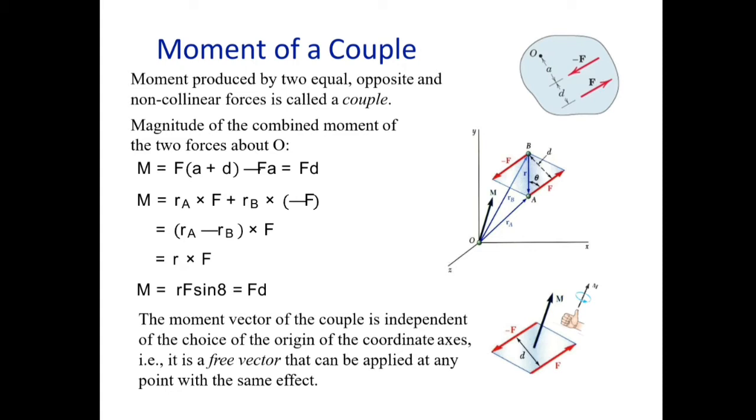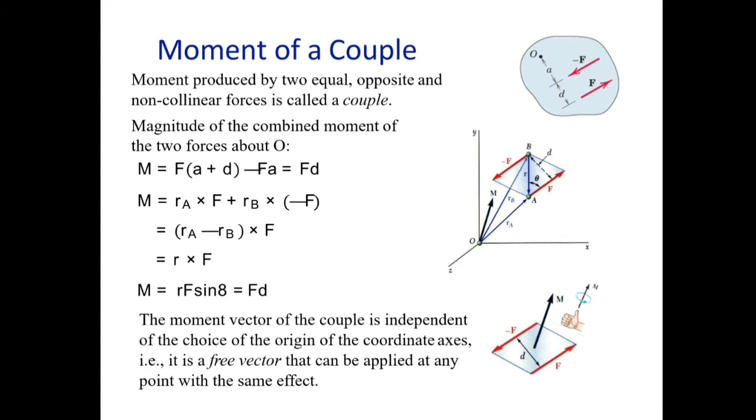Suppose the point of origin of the positive force is A, at a distance vector Ra from the origin, and the negative force has origin point B, at a distance vector Rb from the origin point O. We have to find the moment vector about this point O. So the moment about O for force vector F will be Ra cross F, and for the negative force it will be minus Rb cross F.